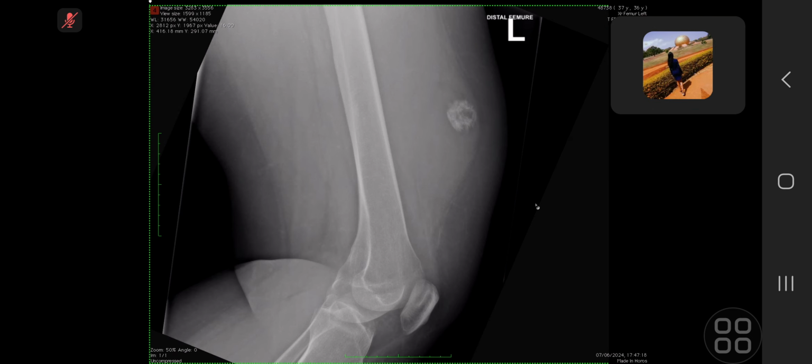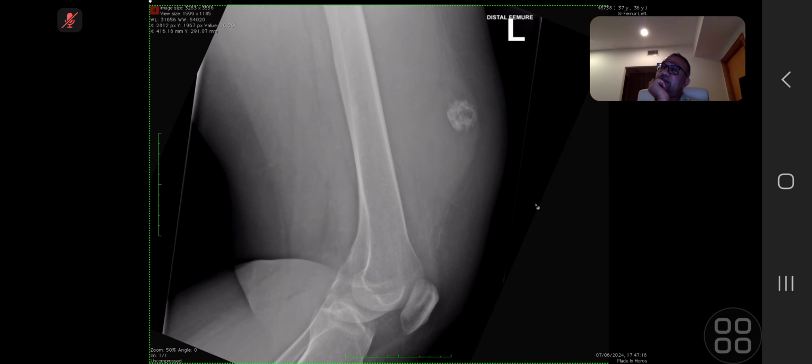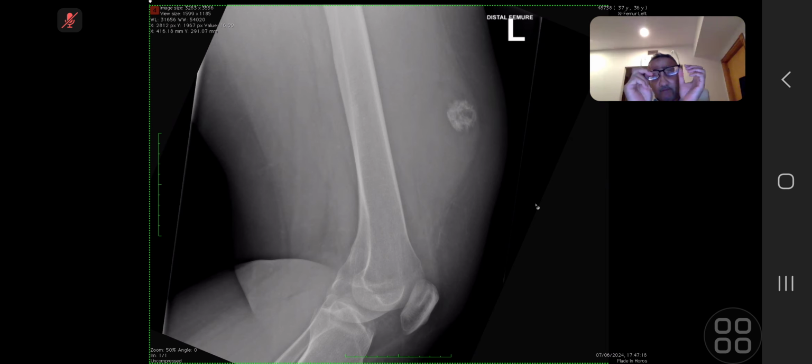There could be an associated soft tissue lesion which might not be seen on the radiograph. So I would like to go for MRI. Right. So your differential, what are your two differentials? One you said is myositis ossificans or ossified hematoma, right? What's the second differential that you are worried about?